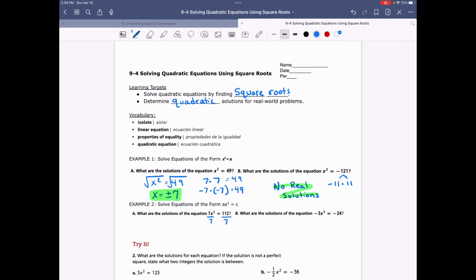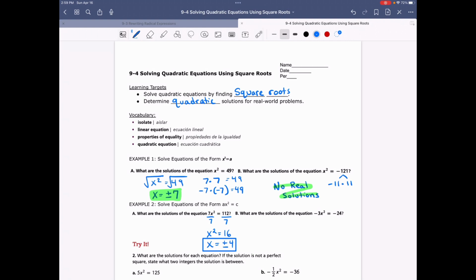Let me check my calculator. Yes, it does. So the 7's cancel. We get x squared equals 112 divided by 7, which is 16. Now I can take the square root of both sides. What times what is 16? 4 times 4. So it's going to equal either positive 4 or negative 4. That's our solution, x equals plus or minus 4.